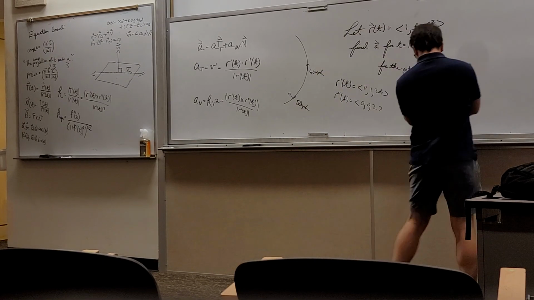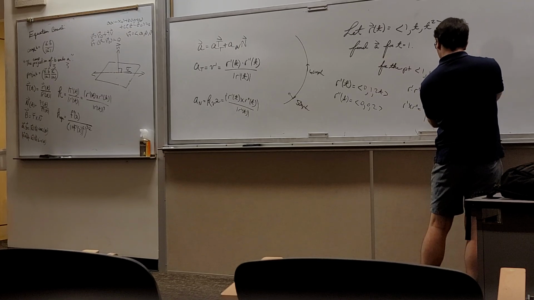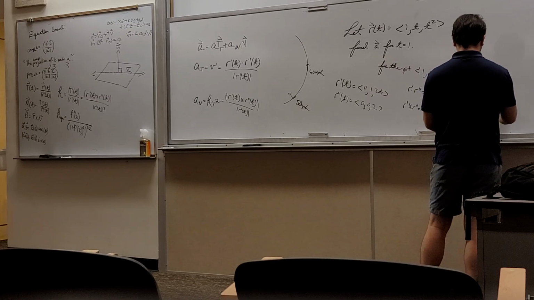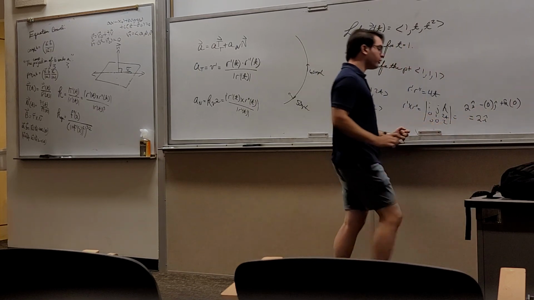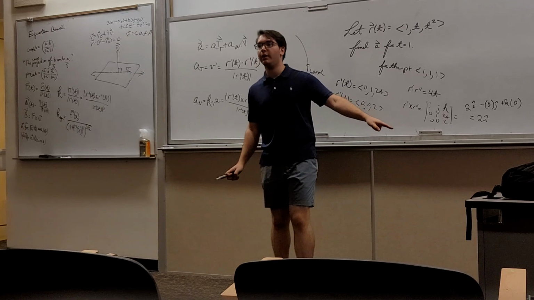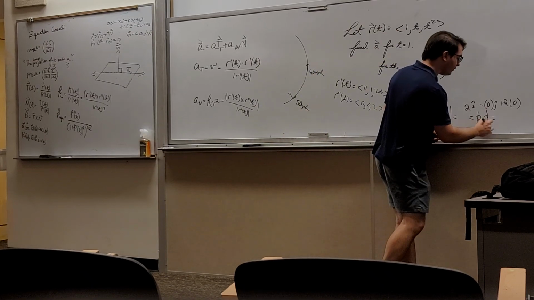Put my hand over i, multiply 2 minus 0 in the i, minus something in j, it's 0 minus 0, 0 in the j, plus something in the k, 0 minus 0 is 0, so it's only 2 in the i. That's my cross product. What's the magnitude of 2 in the i? 2. Good. So the magnitude of that becomes 2.